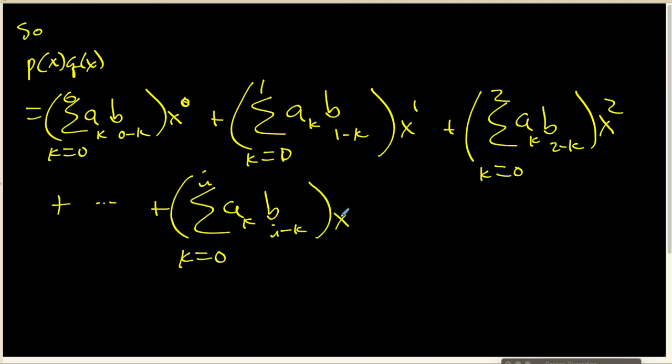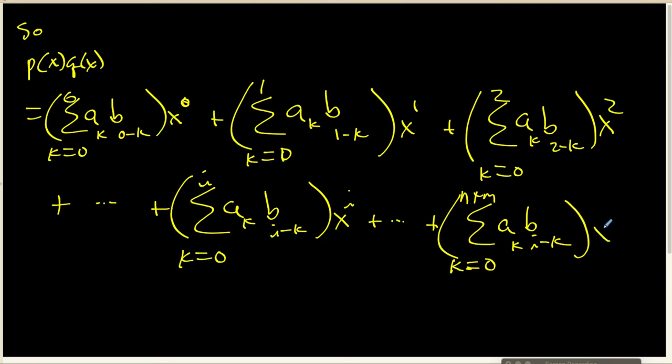That's the coefficient of x to the I, and we continue on until we get to the very last term, which will be the sum as k goes from 0 to n plus m of a to the k times b to the I minus k times x to the n plus m.